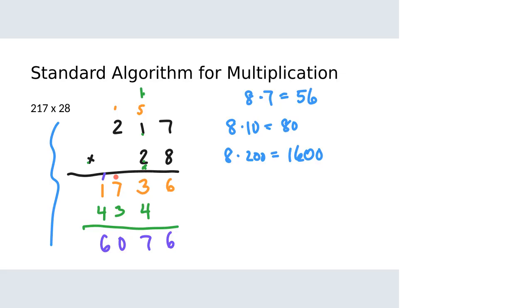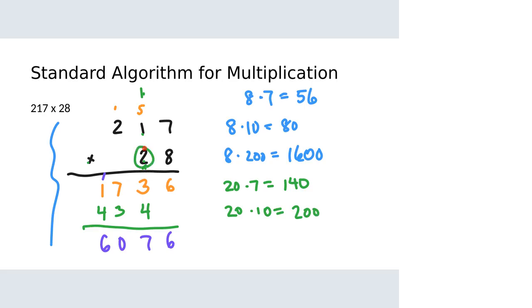That's what the 1,736 represents. Continuing down a little bit, when we multiply this 2 by this 7, what we're actually multiplying there is 20 times 7, and that's 140. When we move over and do this 20 times this 10, we're really multiplying 20 times 10 there, and that's going to be 200.